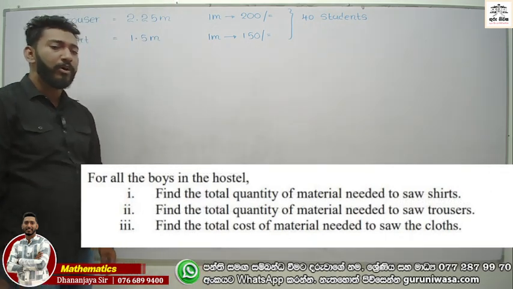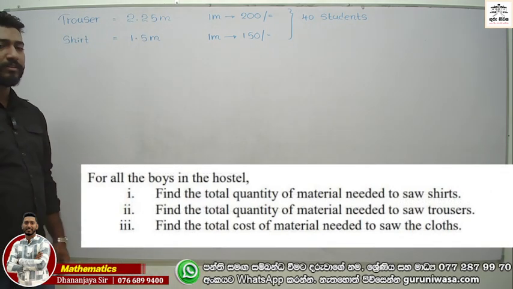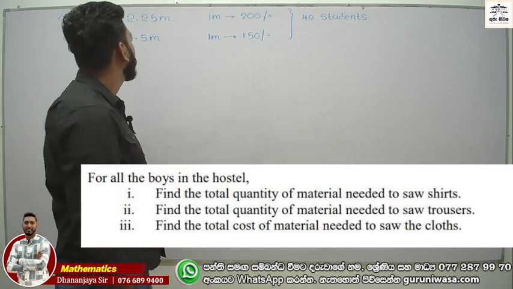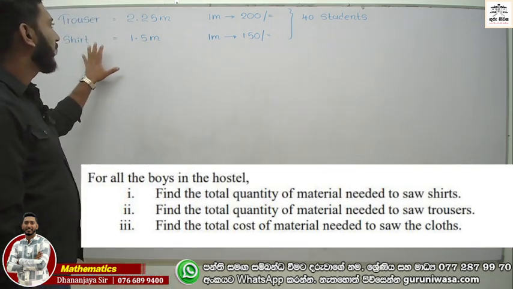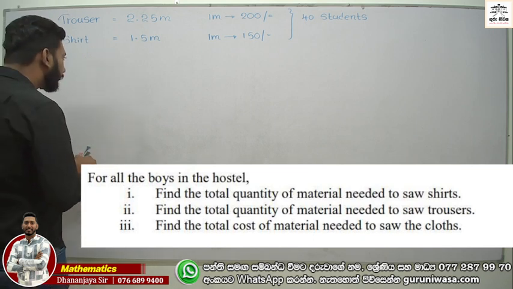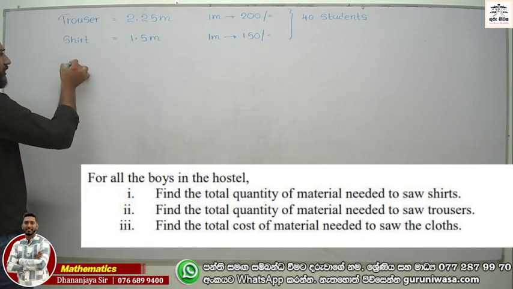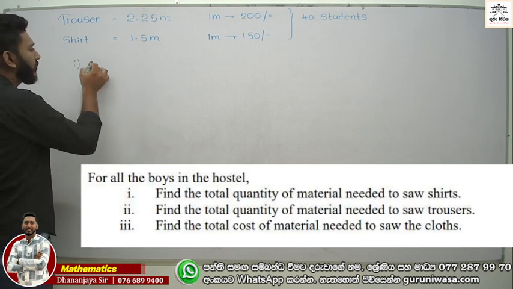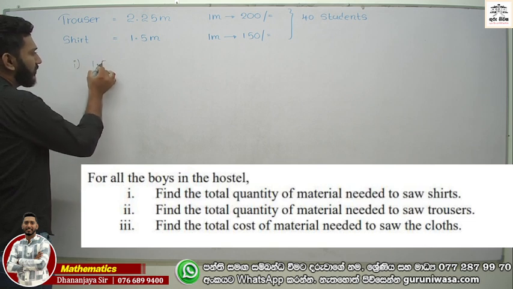For all the boys in the hostel, find the total quantity of the material needed to sew shirts. How to find the total quantity? For one boy, 1.5 meters needed.